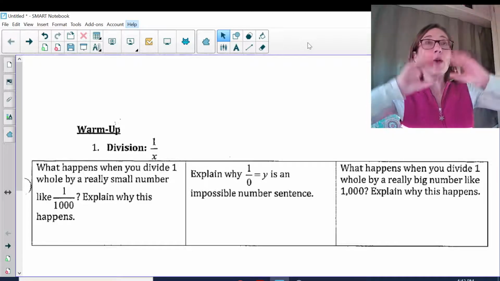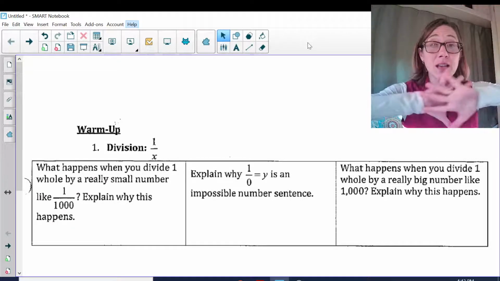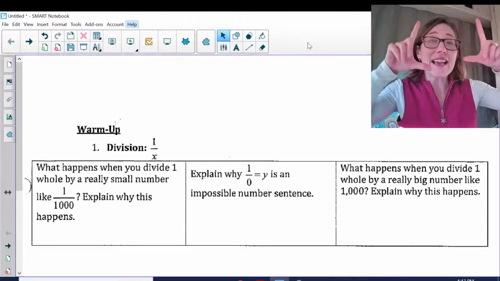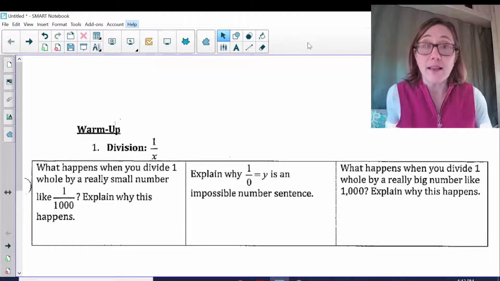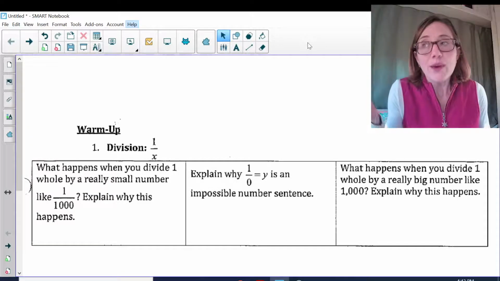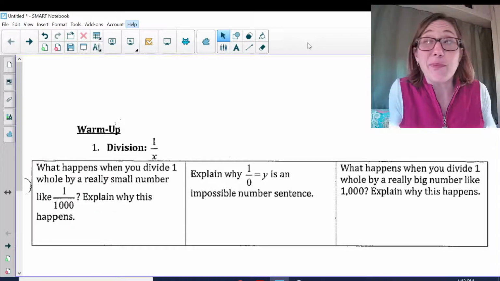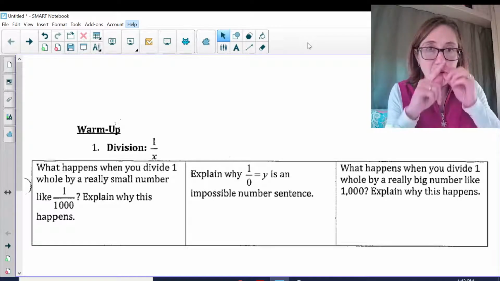Okay, so when you have a fraction, you have 1 over something. The bigger that denominator gets, the smaller your fraction is going to get. It's going to get closer and closer to 0. Think about a pizza. If I have a pizza and I'm going to split it, just you and me, we get a pretty big section of pizza. If I have a pizza and I'm going to split it with like 25 people, we each get a little piece.